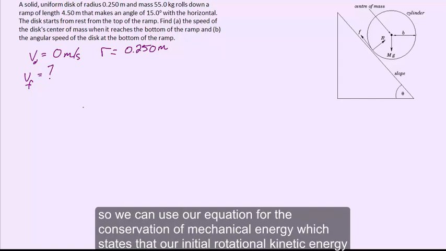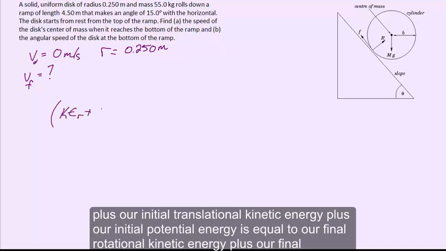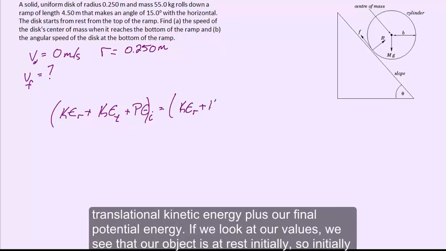So we can use our equation for the conservation of mechanical energy, which states that our initial rotational kinetic energy plus our initial translational kinetic energy plus our initial potential energy is equal to our final rotational kinetic energy plus our final translational kinetic energy plus our final potential energy.